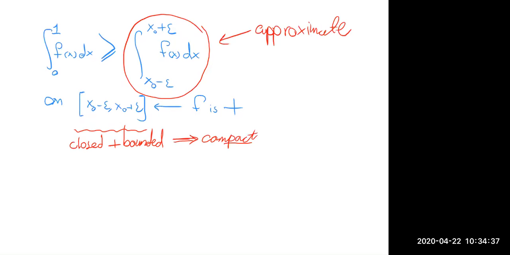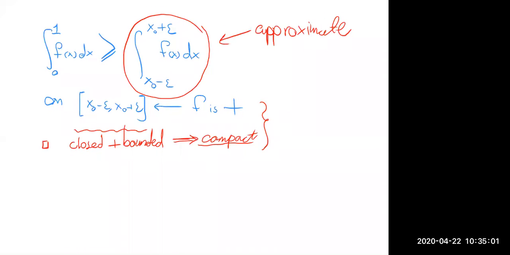Yeah, you're right. We can also use the Riemann definition of integral, but what I'm doing is a little more tricky and a little faster. So this interval is compact, and we have a positive function on a compact subset.